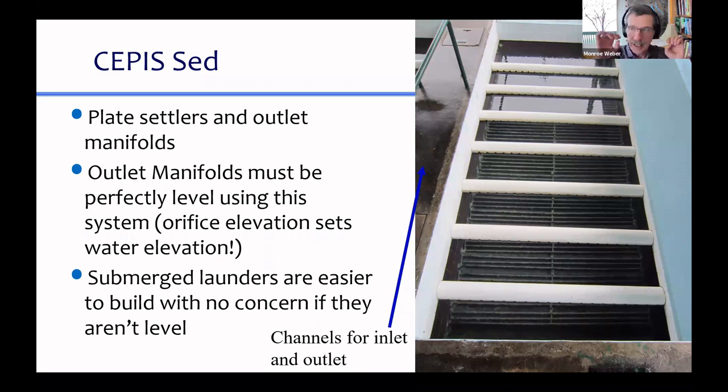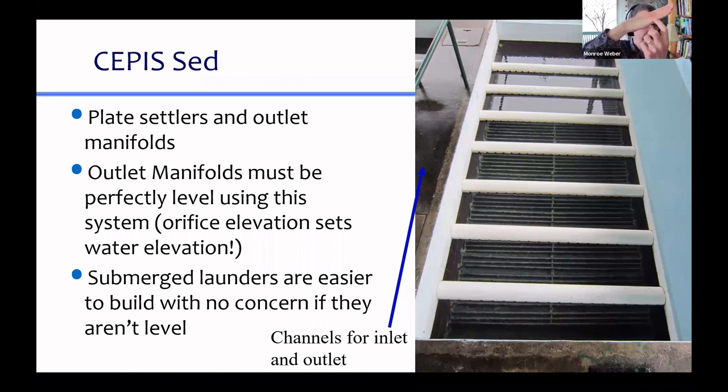And that means that if those effluent manifolds are not perfectly level, if they're sloped a little bit, then the orifices are sloped, and then it will preferentially pick up water from the lower orifices. You see that? If that pipe isn't level but it's sloped, then the orifices that are down further will be the ones that will get all the water.